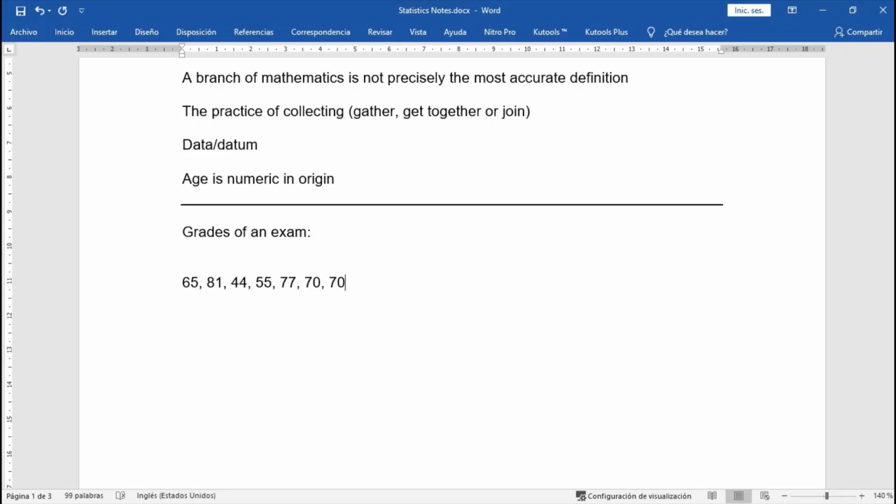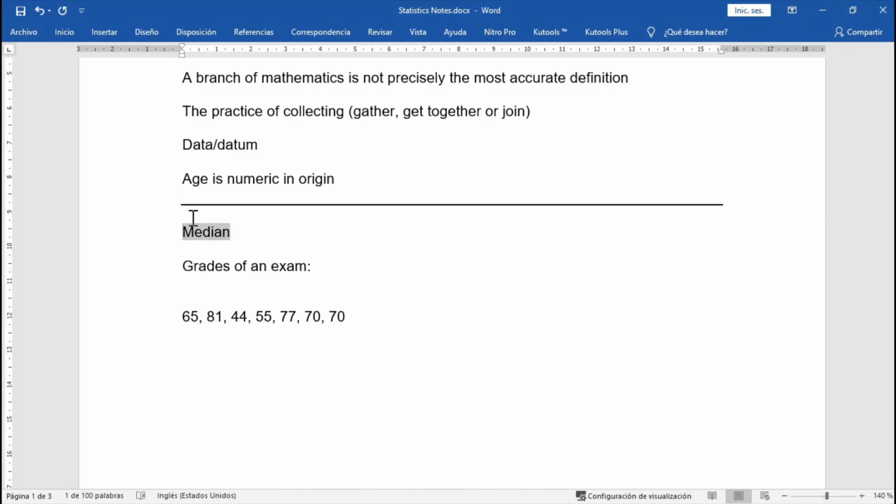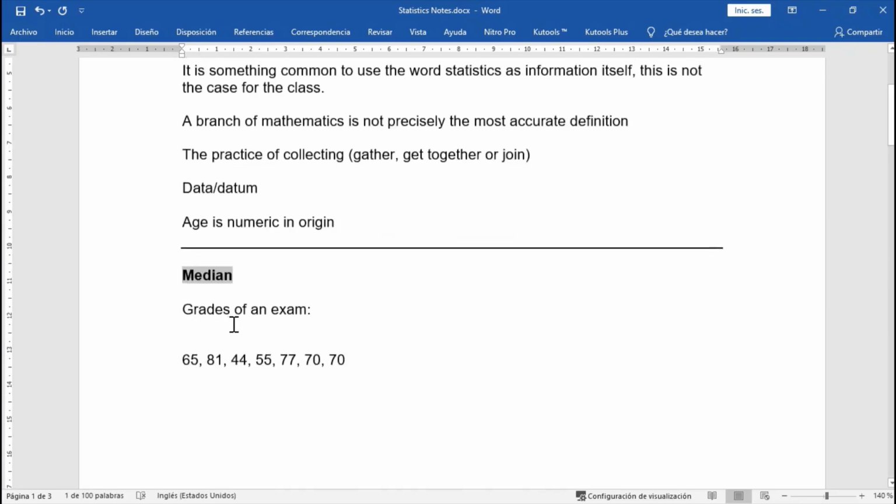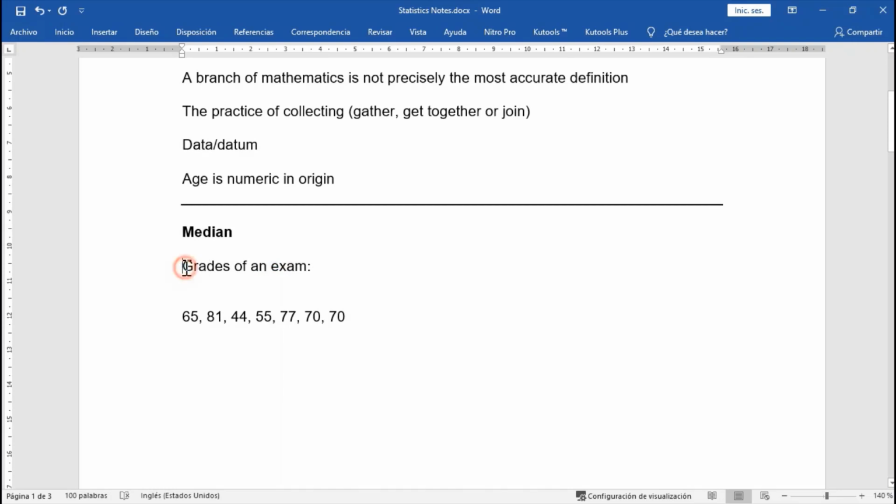Okay, so this is the median. Let us consider grades of an exam.